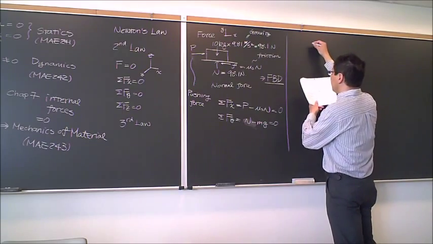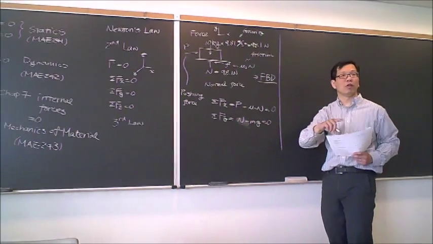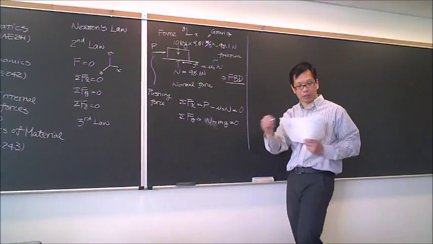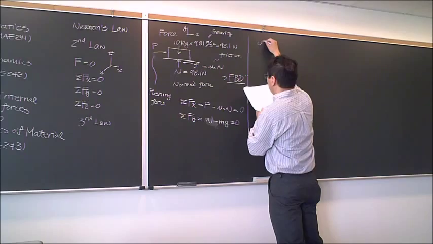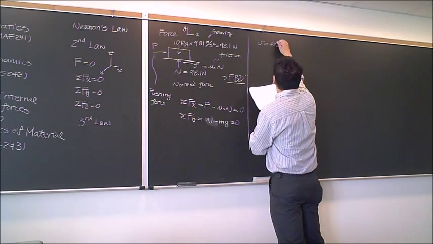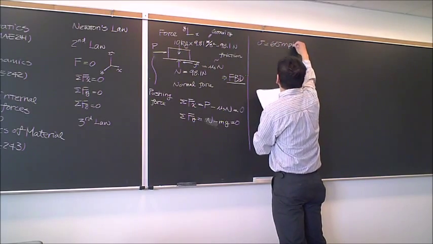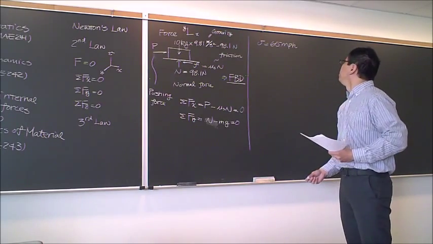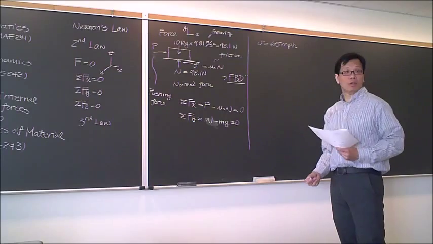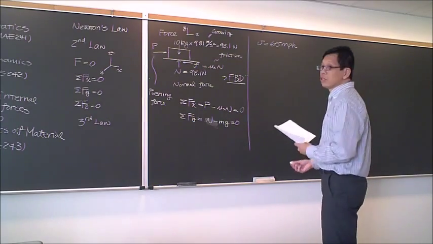Now, other than that, you also need to know how to convert the unit from one thing to the other. For instance, your velocity is 65 mile per hour. You see this in your car all the time.